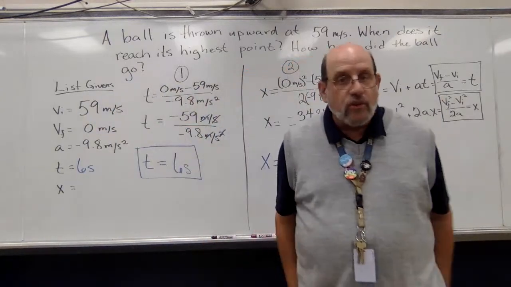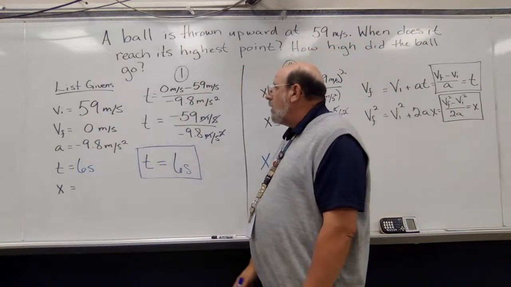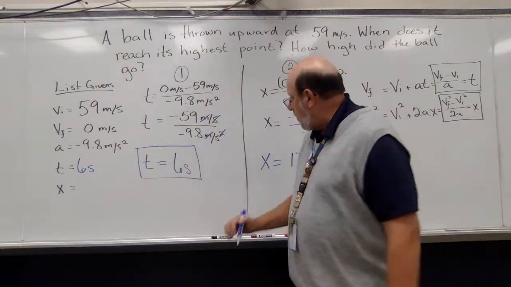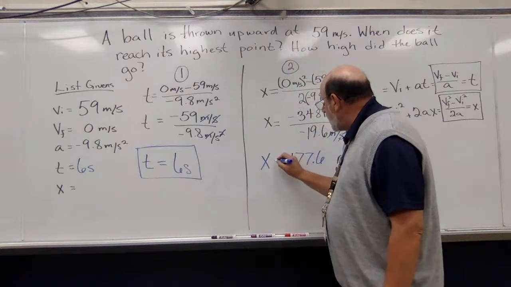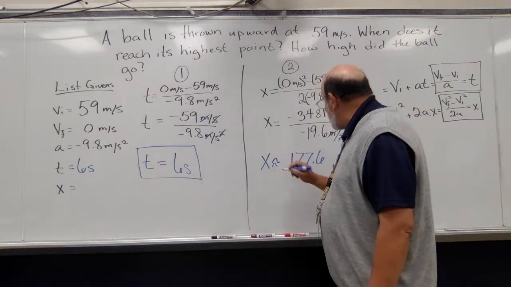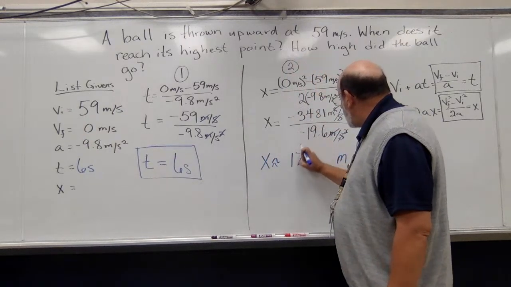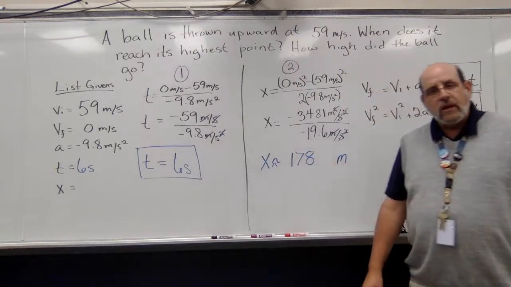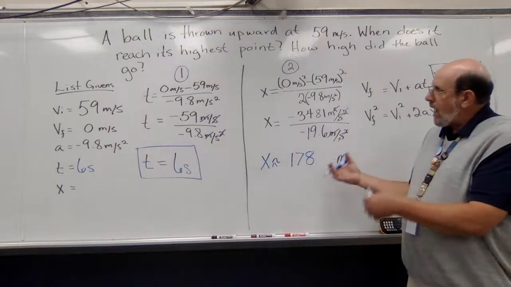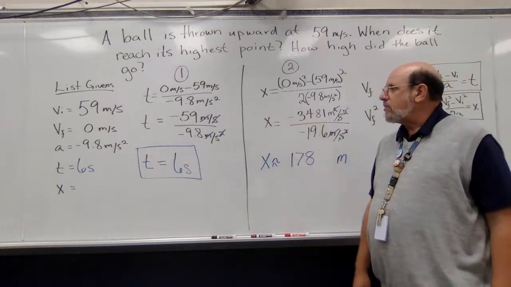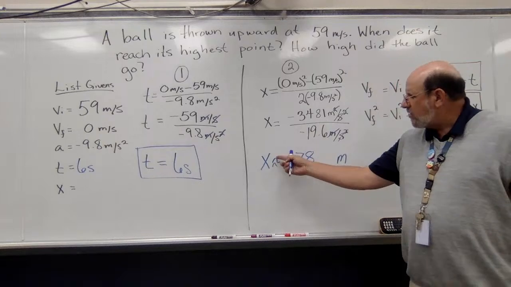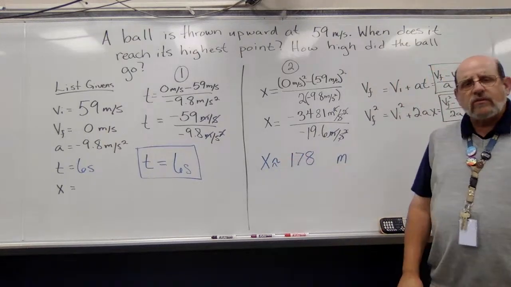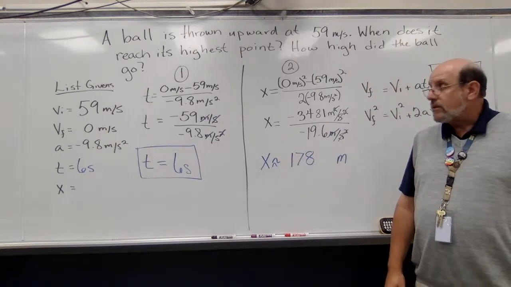It wasn't measured in tenths. So I want to list a whole number. So I'm going to say that this value is just about 178 meters, right? I have to go with my least precise measurement. So I'm going to say it's just about 178 meters, round to the nearest meter.